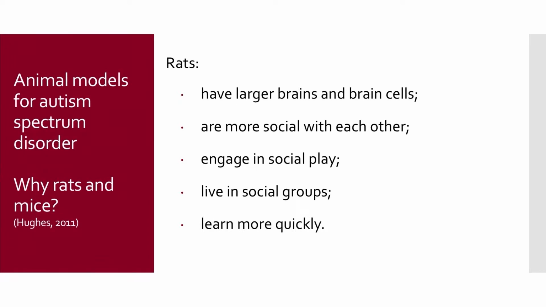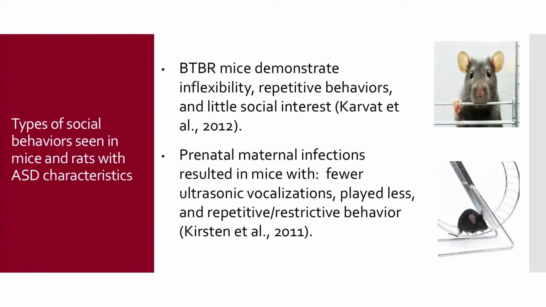So what have we seen in these knockout mice and rats that we've used to model autism spectrum disorders? We've seen that mice who had been genetically manipulated demonstrate inflexibility. They demonstrate repetitive behaviors. Repetitive behavior in a rat or mouse may look like continuous grooming, continuous licking.